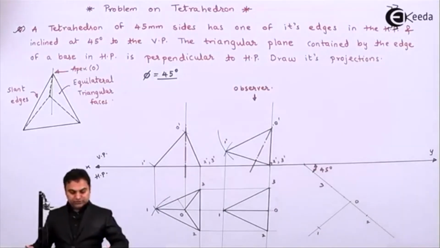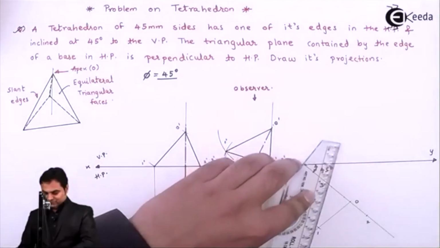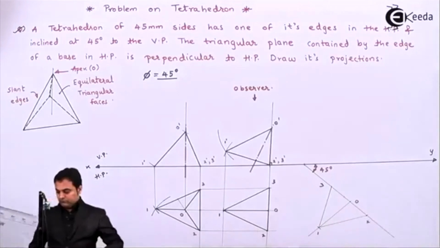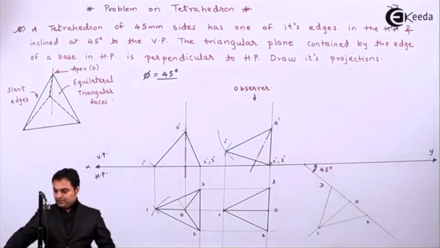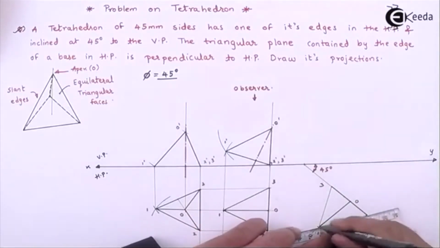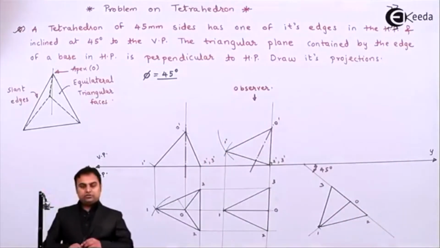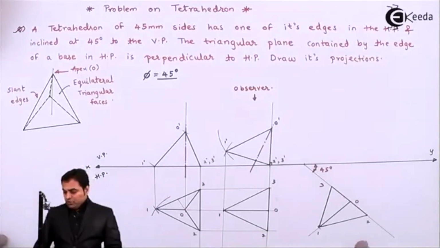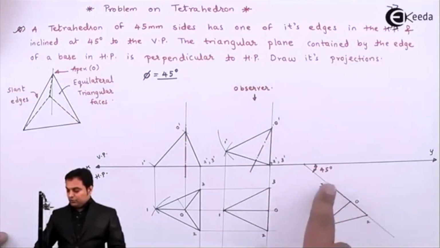Connecting all the points with the help of a light line first. Next, I'll make it dark. So this is the top view of this inclined tetrahedron, which is inclined on its edge 2 to 3.